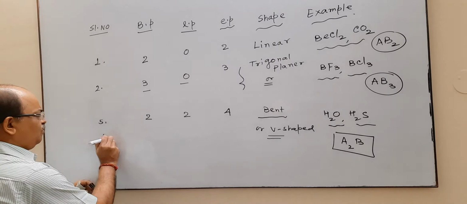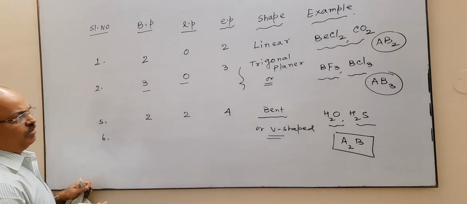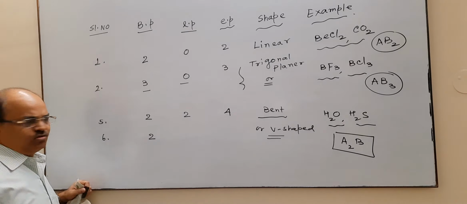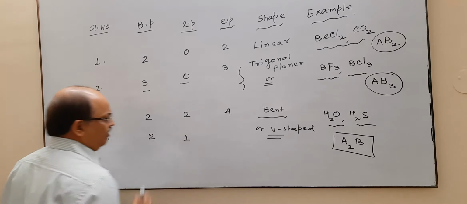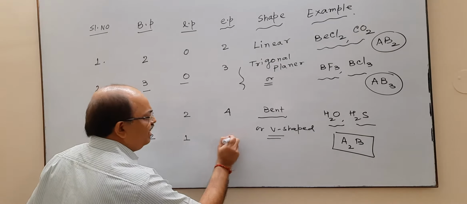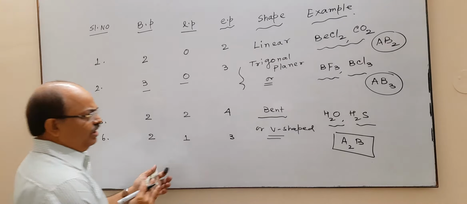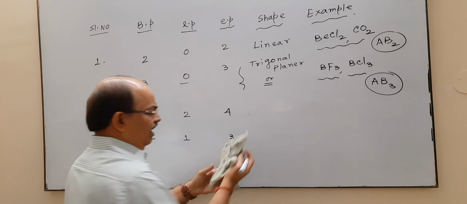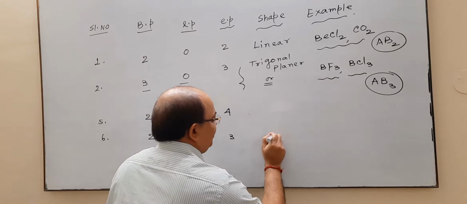Now again, sixth one is, let us suppose if we have bond pair 2, lone pair 1, then electron pair is 3. Again we have bent shape.